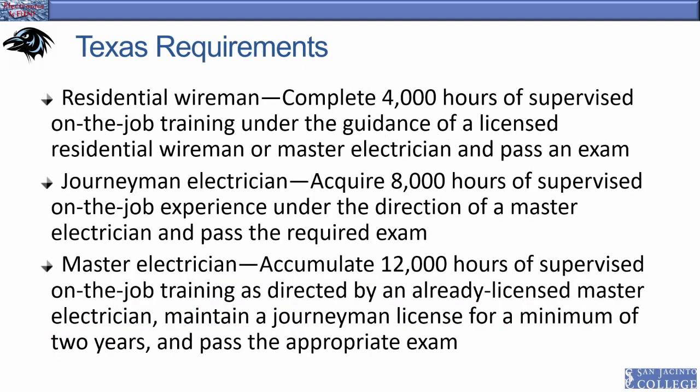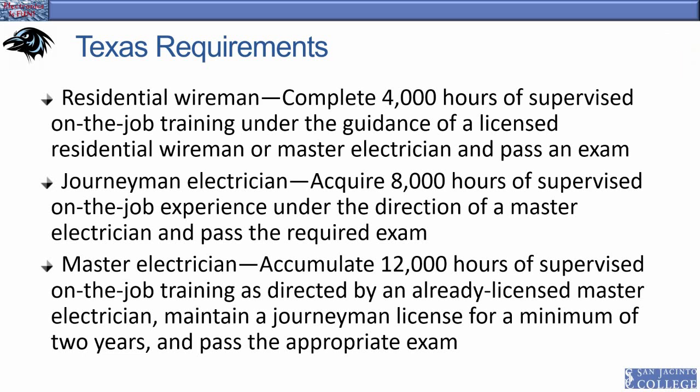So these are some of the requirements in Texas. So to become a residential wireman, 4,000 hours of supervised on-the-job training. That's about 2 years. A wireman is a little bit different than an electrician. You're going to be working on power lines, overhead power wires.